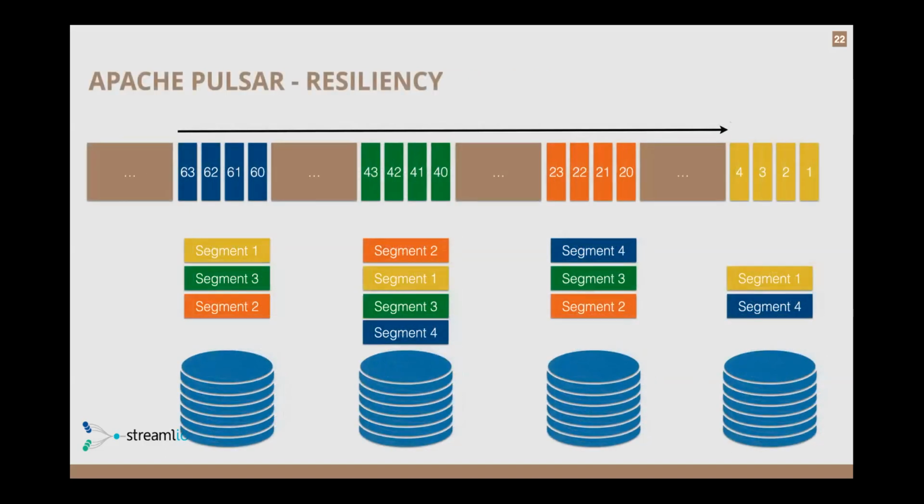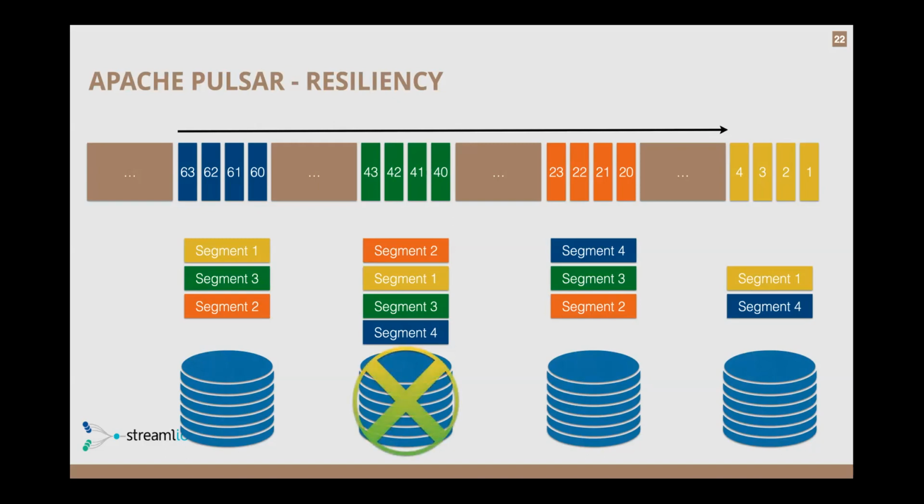This also supports the resiliency factor that I talked about. If any one of these bookies dies and you were reading off of it, you still have two other copies of the data within the system, so you're safe and you can continue to serve requests for those older messages.